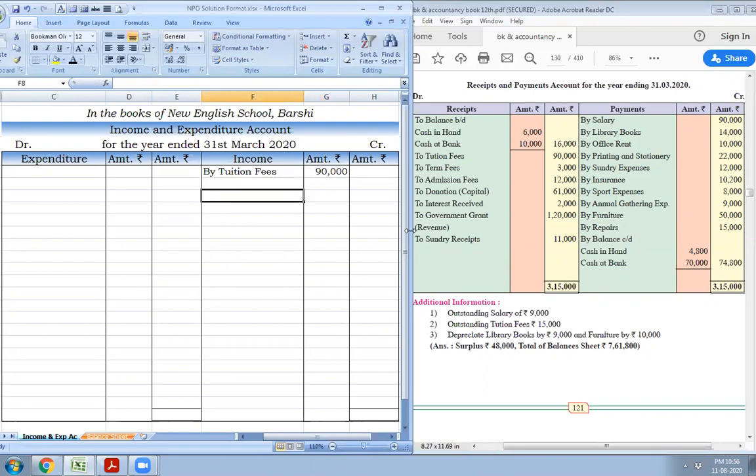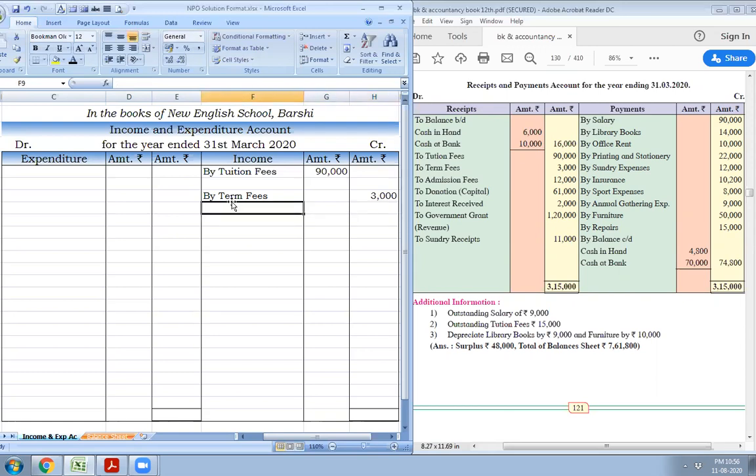Leave 1 line for adjustment and record it to the inner column only. Next item, term fees, income by term fees, amount rupees 3,000. No adjustment, so straight away to the outer column.